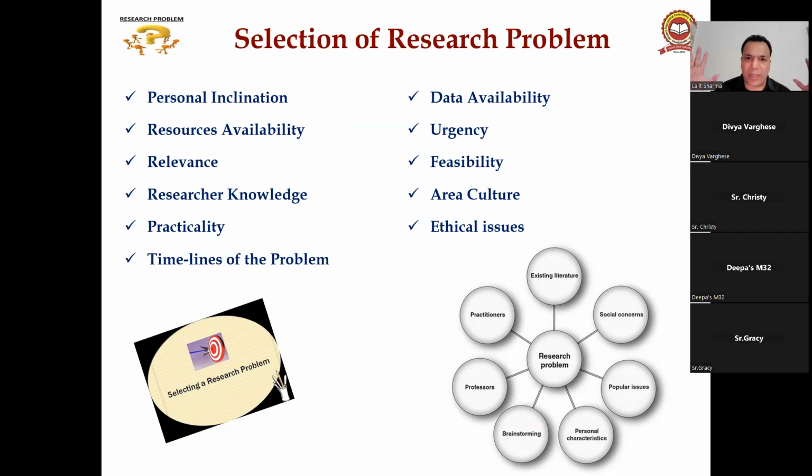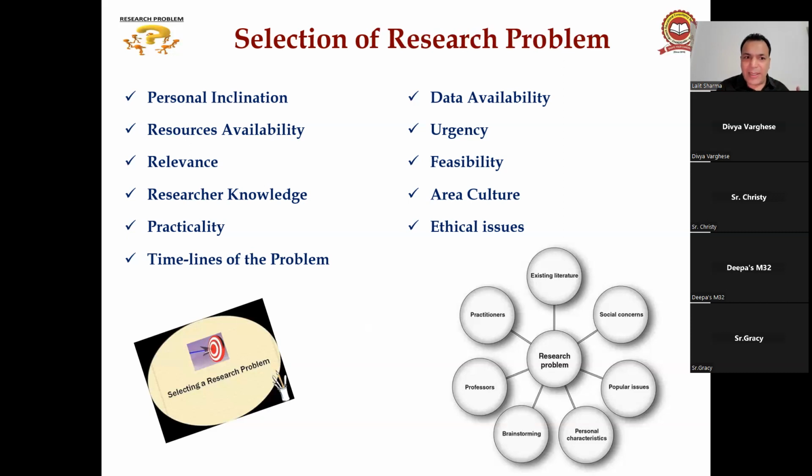So the whole of the work you have done would be a wastage of time and money, right? So you have to keep these things in mind first, whatever research problem you are going to select: whether data is available or not.